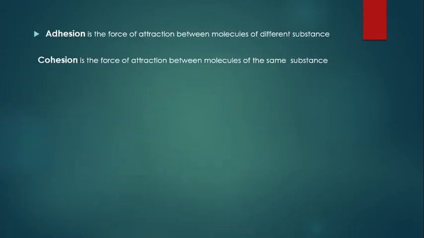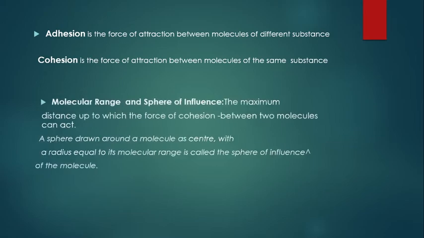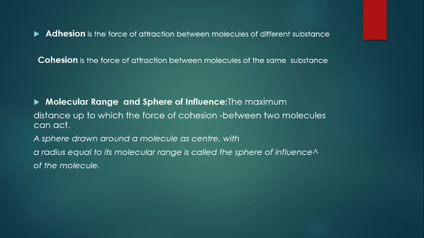Now we are going to learn some new definitions that are required for the study of molecular theory of surface tension. The first one is adhesion and second is cohesion.